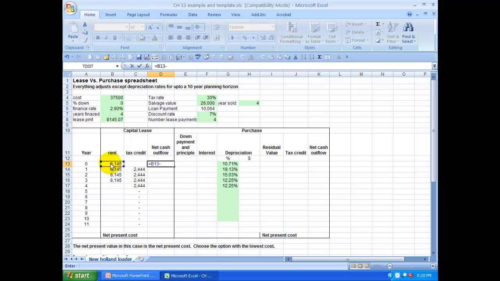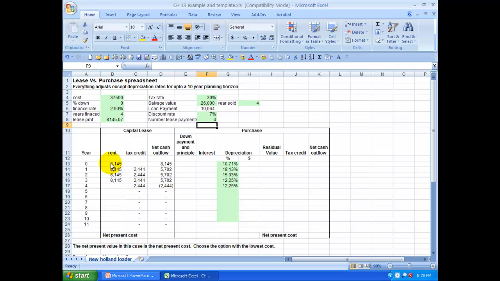The tax credit is a positive thing to us because it reduces our taxes, so we can subtract that off. And then your net is the difference. And I could drag that down. The only problem is if I changed up here and did 3 lease payments, you'll notice that it didn't do anything to here. It still kept as 4 lease payments. I'm going to put this back at 4, but I want to build in a little bit more functionality than what we have here.